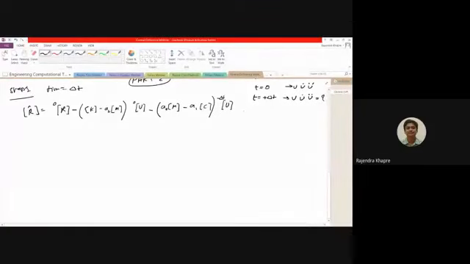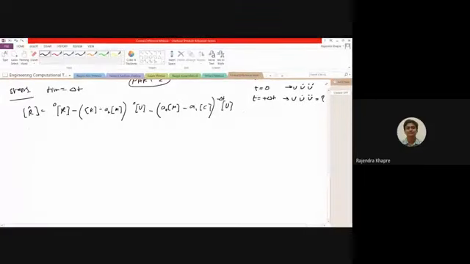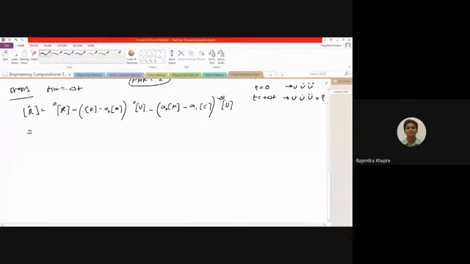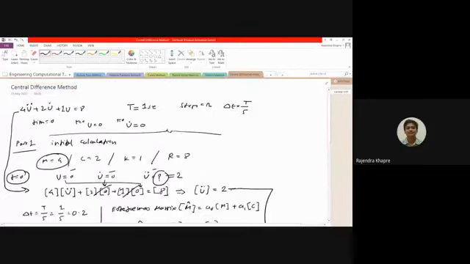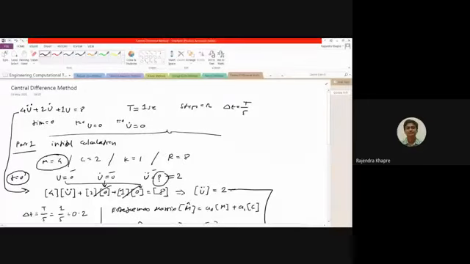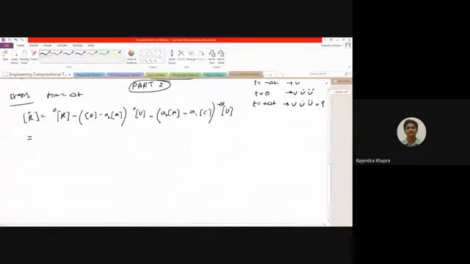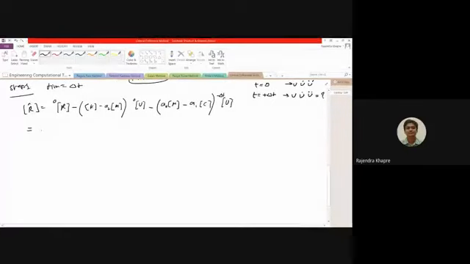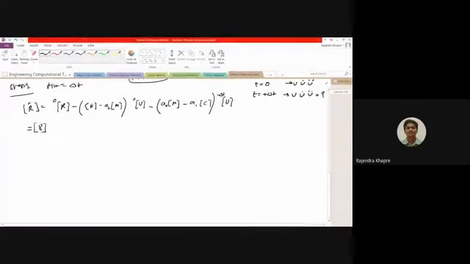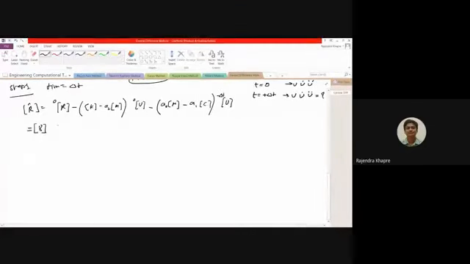Now let us substitute these values. This R is the load vector, and this load vector is given to you in the numerical as 8. This load vector 8 is not changing with time. For the time being it is constant, so I'm keeping this as 8.